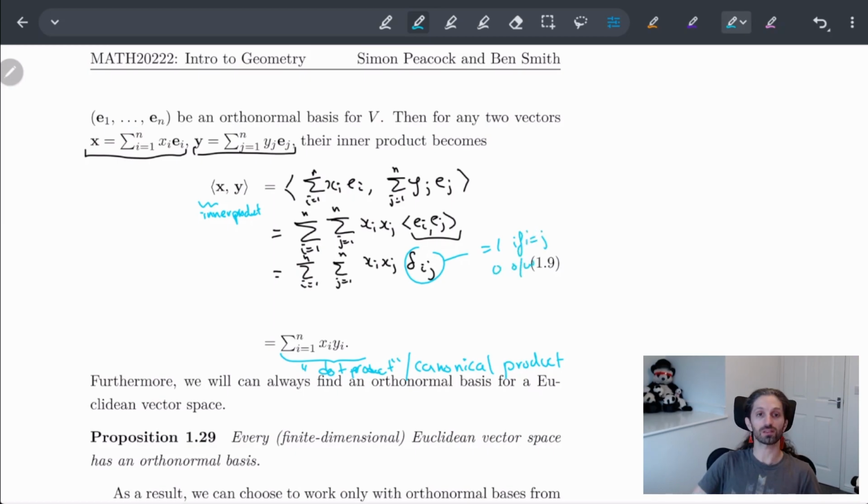Because of this double summation, whenever the two indices are different, the term just disappears. So we can merge this into one summation over one variable, and we just keep the product xi yi, and that gives us precisely this dot product. That's what makes this nice. It really allows us to see exactly what's happening, and to use an easy product to do this.